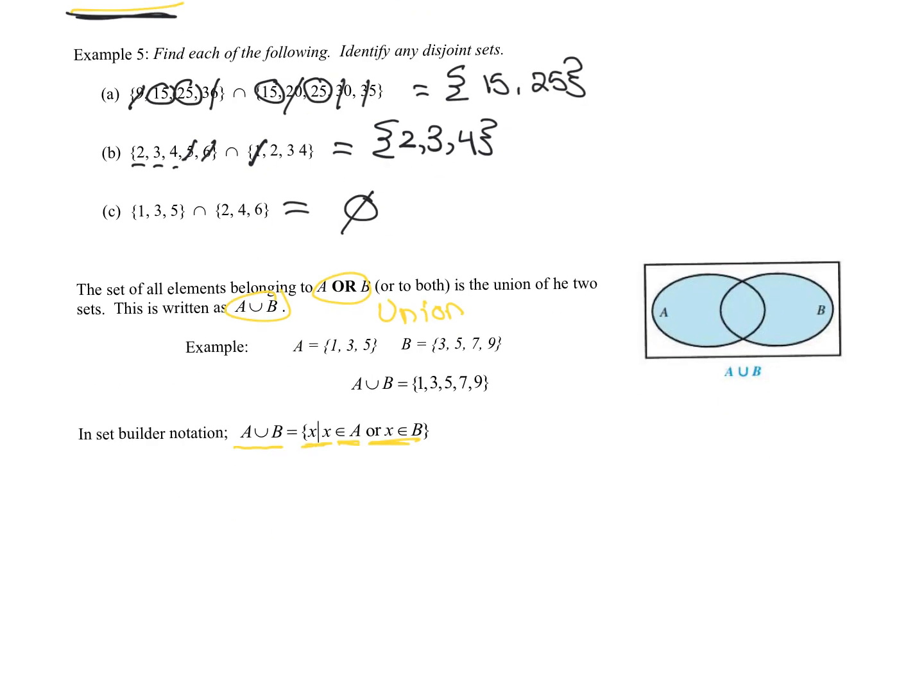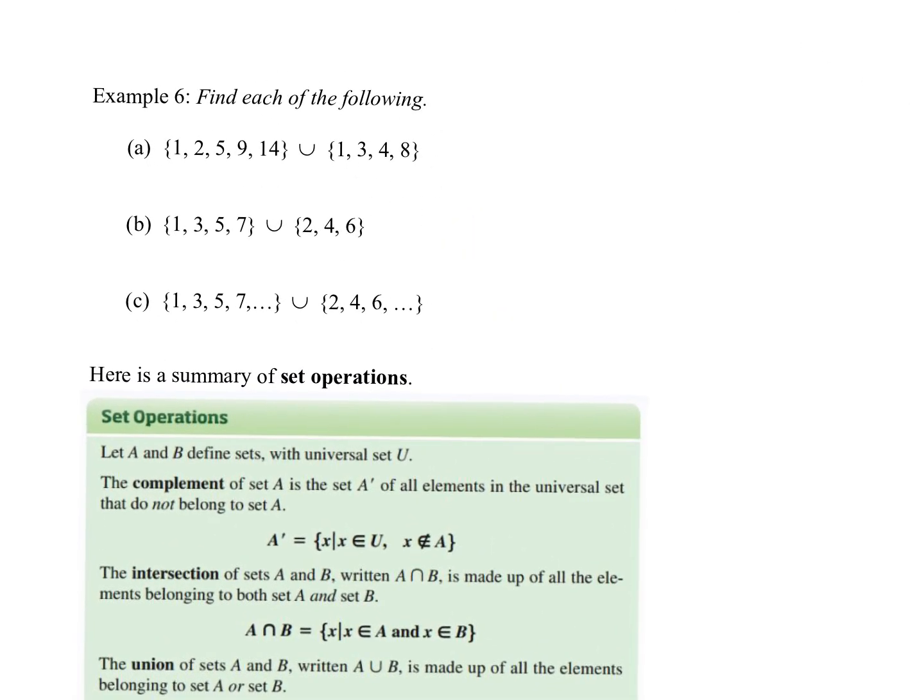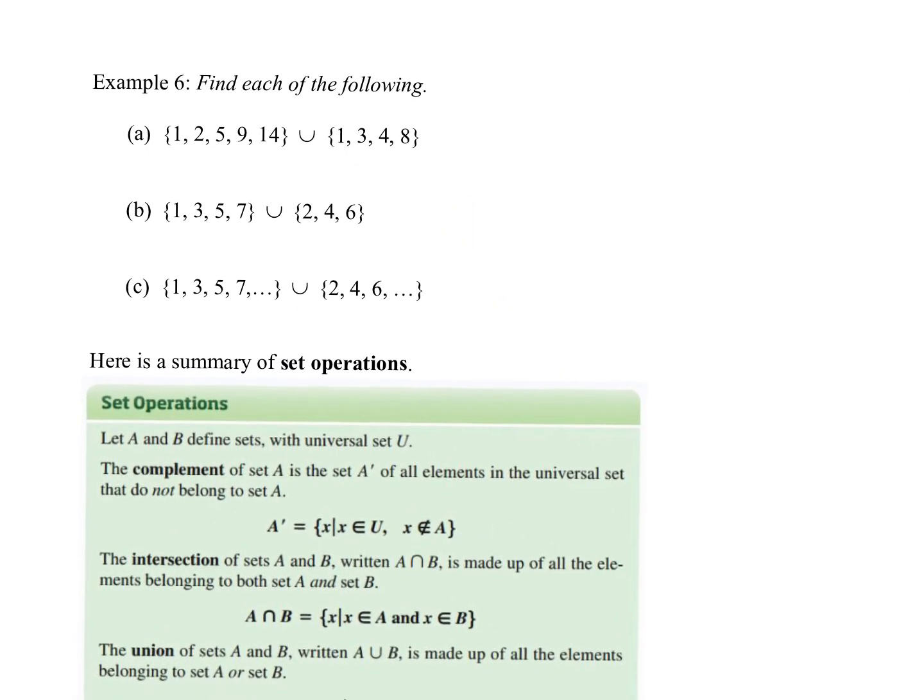So let's try. It says find the following. This says, where does my first set union with my second set? You don't need to repeat elements. That is not needed by any means. So I don't need to repeat.